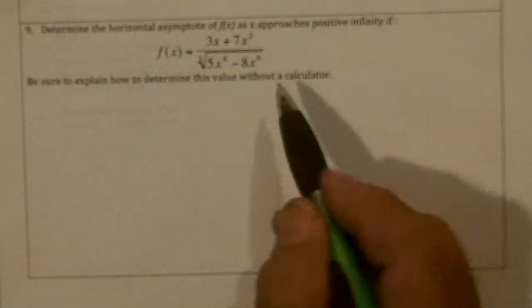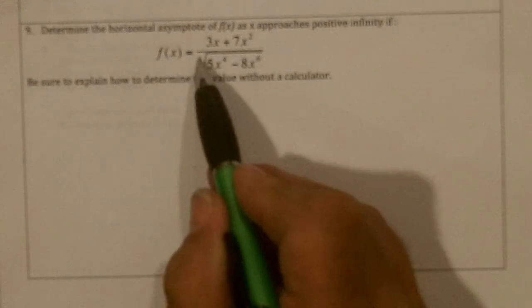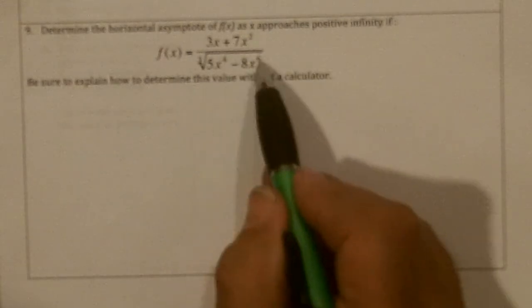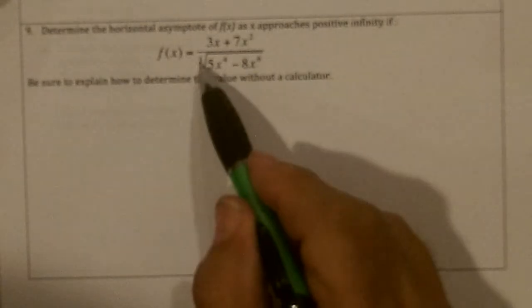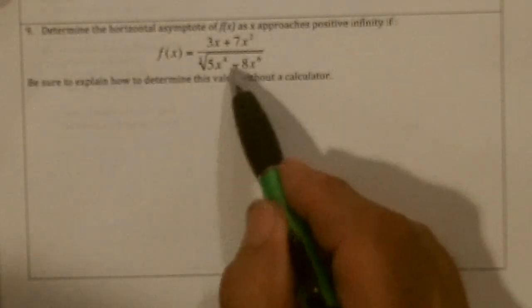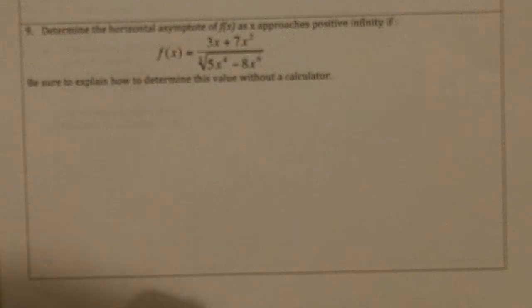Okay, this one. Some of you still try to say I can take the cube root of this part and this part separately. You cannot split the cube root up over two things that are added or subtracted.